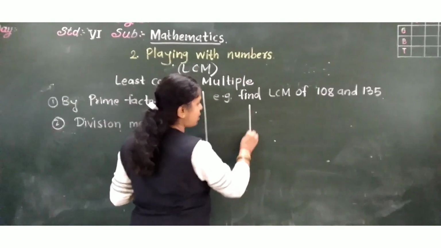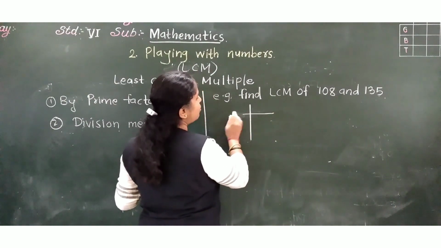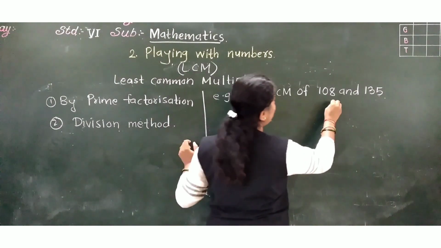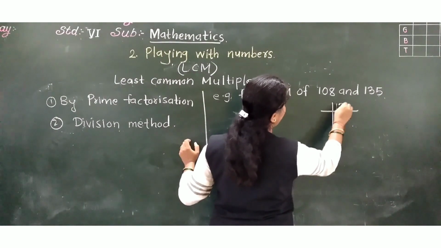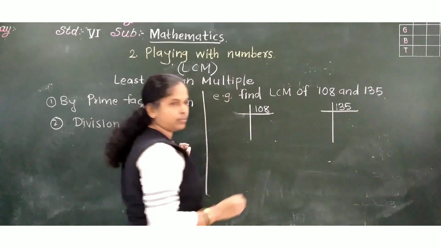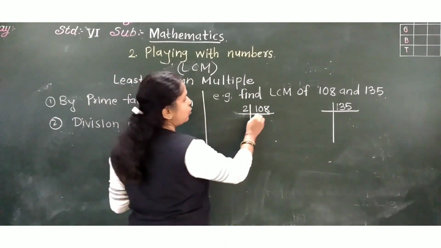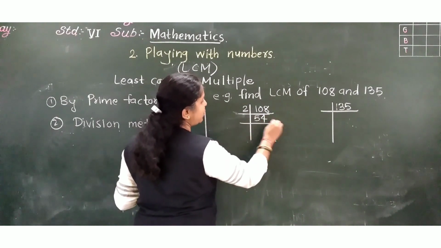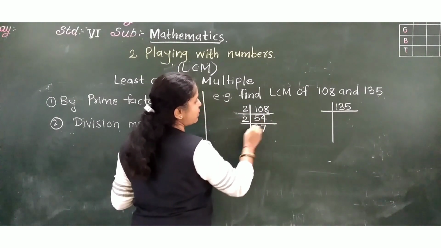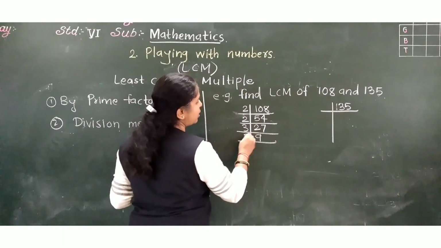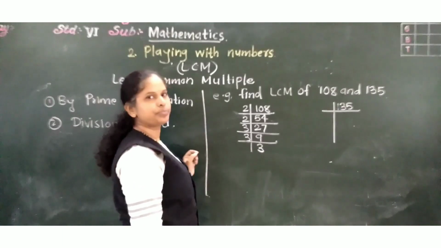Prime factors we find normally like this: 108 and 135. Here divide by 2, as 8 is there. 2 5s are 10, 2 4s are 8, 2 2s are 4, 2 7s are 14, 3 9s are 27 and 3 3s are 9.